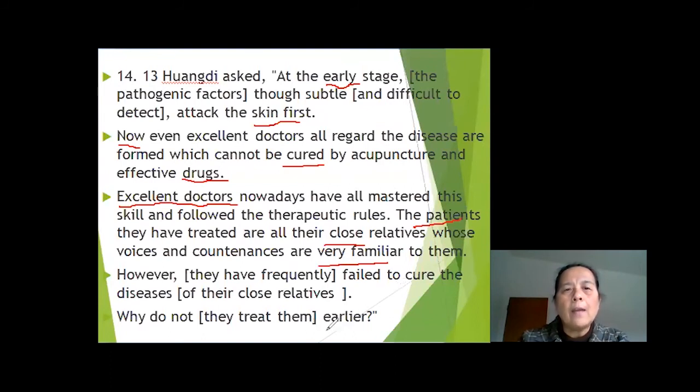Why were they not treated early? We say when the illness gets to a severe stage, it is certainly difficult to treat. But the doctors and the patient are pretty familiar with each other, like family members. But why were they not treated early? Why wait so late? That's Huangdi's question here.